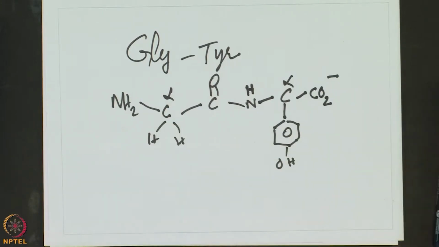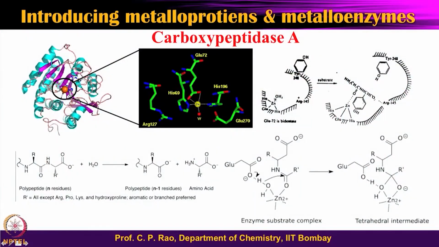Now, you can see in this particular slide, this is the center where the zinc is bound to the one glutamate and two histidines with the water. When the peptide binds, of course, it can bind over here, and this has been checked by crystal structures.